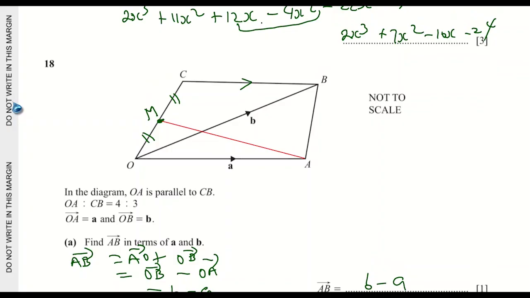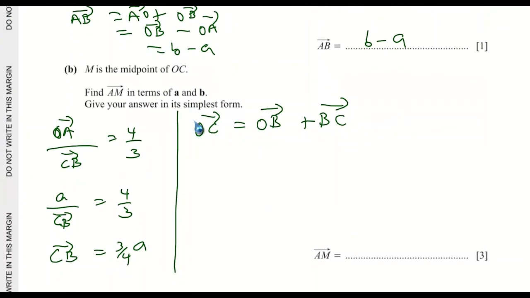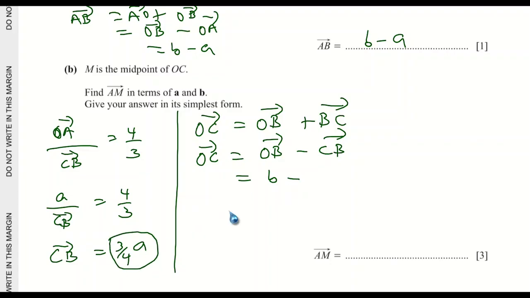Because we only have CB now, we're having BC in the opposite direction, so we can say OC equals OB minus CB, which is equal to B minus CB. We found CB to be 3 over 4A, right? Then we can get AM now.